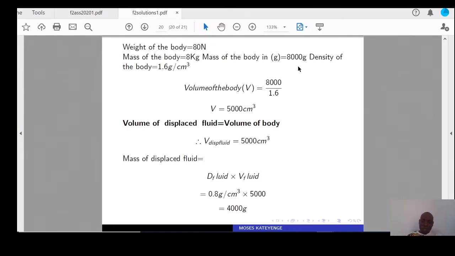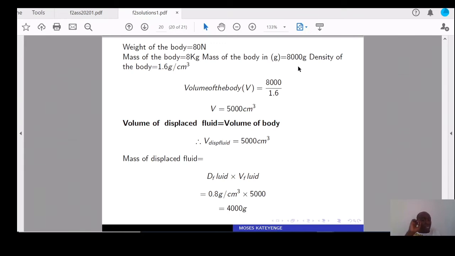Whenever you get a body and you immerse it in a fluid, this body is going to displace an amount of fluid, in this case a liquid, that is equal to the volume of the body. So if the body has a volume of 500 centimeter cubed, then the volume of the liquid that is going to be displaced is going to be 500 centimeter cubed.